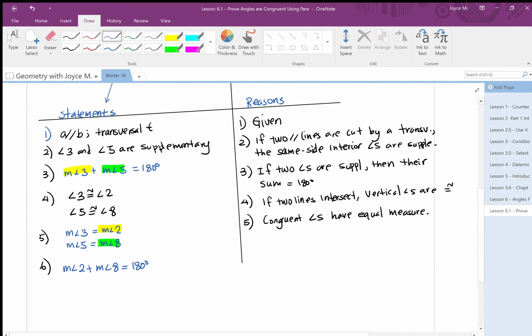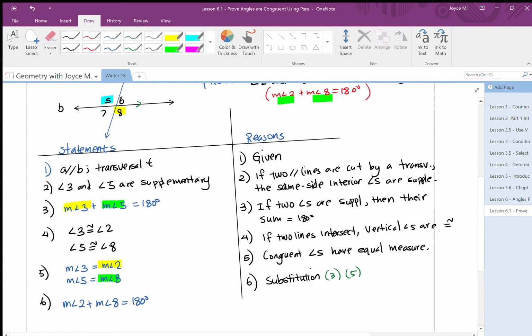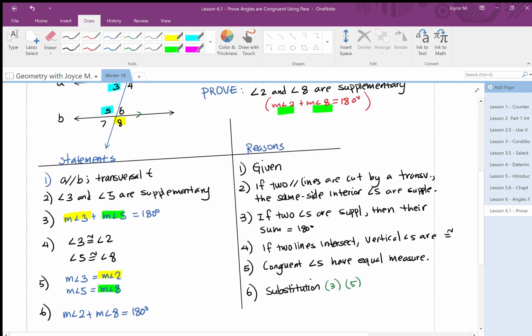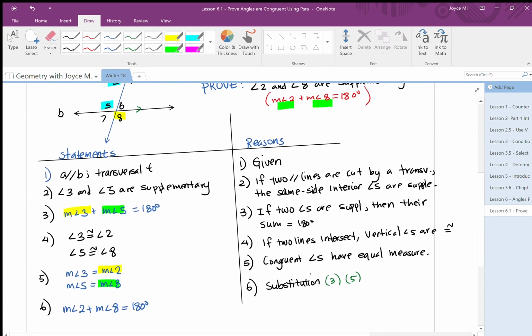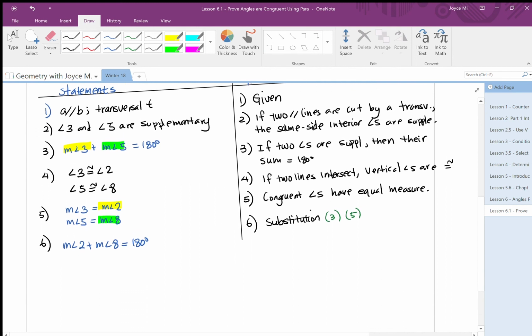And here I do a substitution. I want to tell my reader what step I'm substituting for, so it's good practice to indicate the steps. So step 3 I'm using, and step 5 I'm using for the substitution. Again, keep in mind that we want to show that angle 2 and A are supplementary. Well, we have it. They add to 180, therefore they are supplementary.